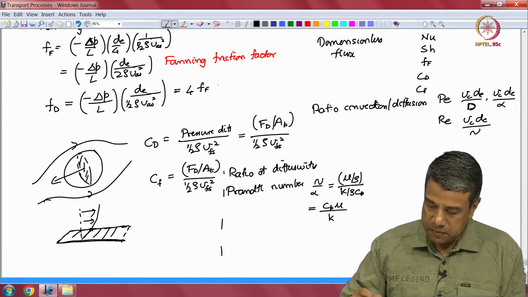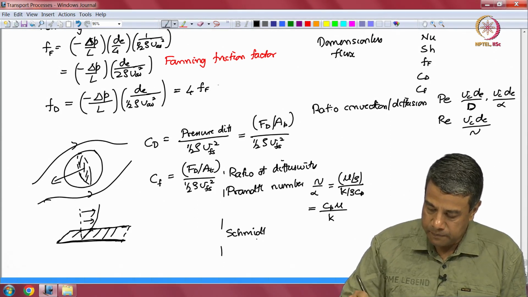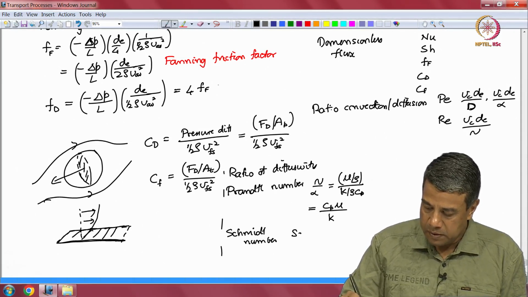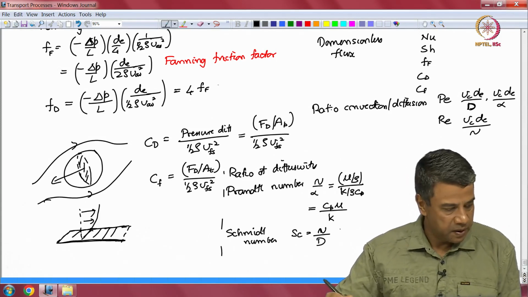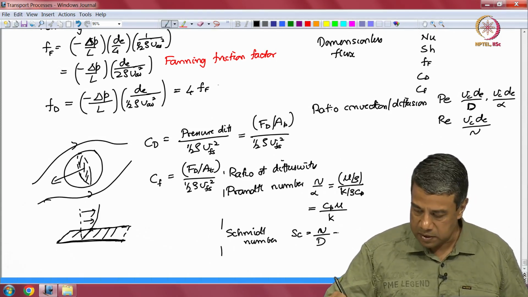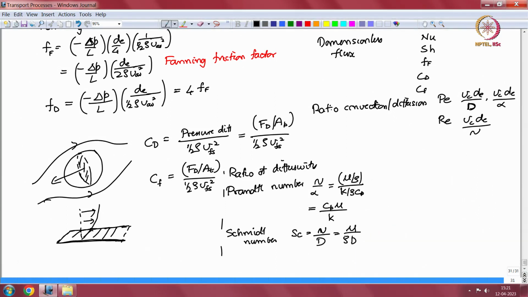The Schmidt number is equal to nu by D, momentum to mass diffusion. Momentum diffusion is equal to mu by rho, and mass diffusion is just the diffusion coefficient itself.